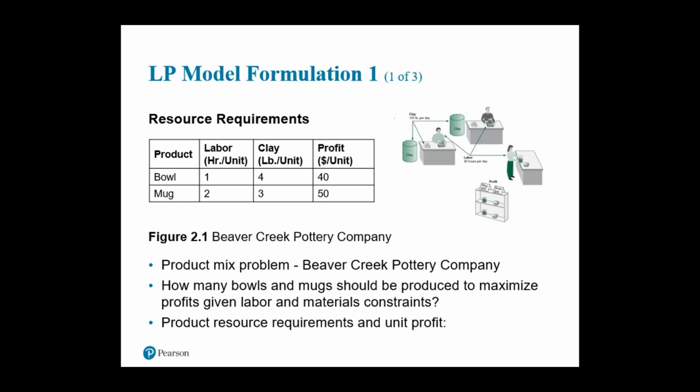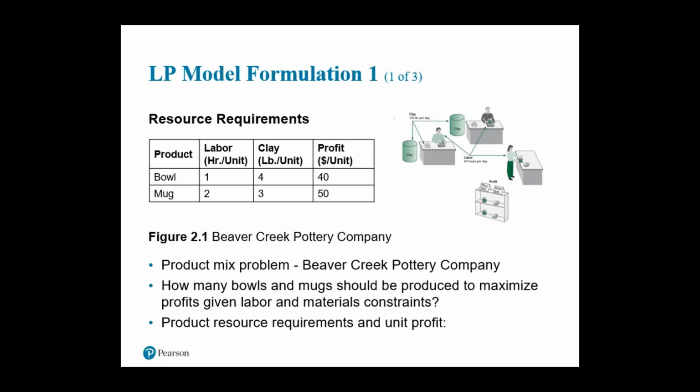And this linear programming problem is called the product mix problem, because the 2 products can be made using the same set of resources. So there are competing resources. You have clay, you have labor, and you can either use the clay to make only bowls, or only mugs, or a combination.